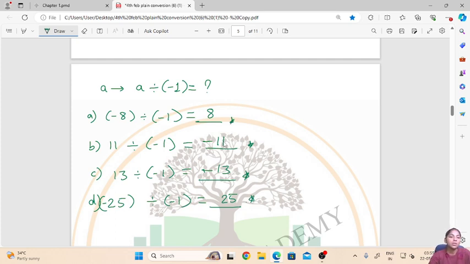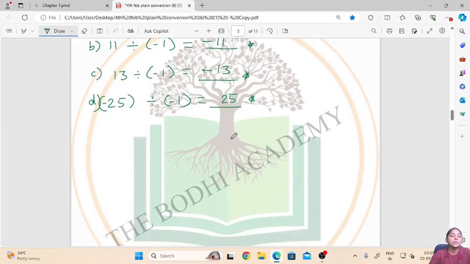So in all these examples, we observe that if any integer is divided by -1, the quotient is not the same integer. So for any integer a, when it is divided by -1, it is not equal to a.